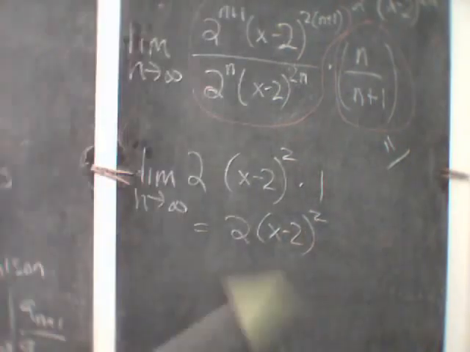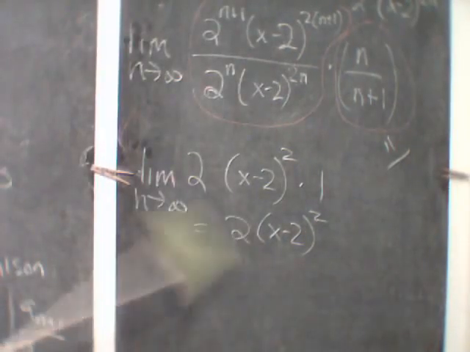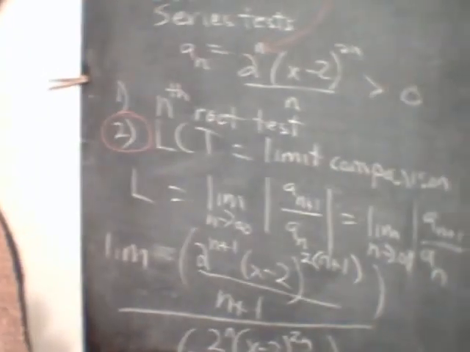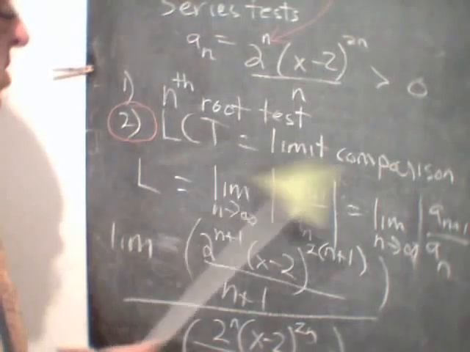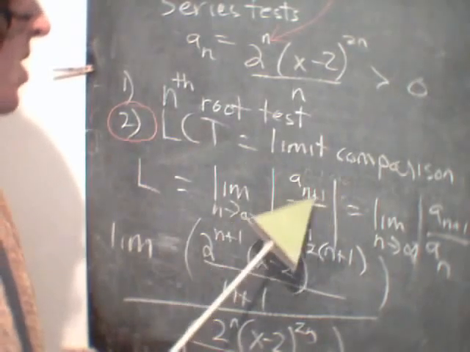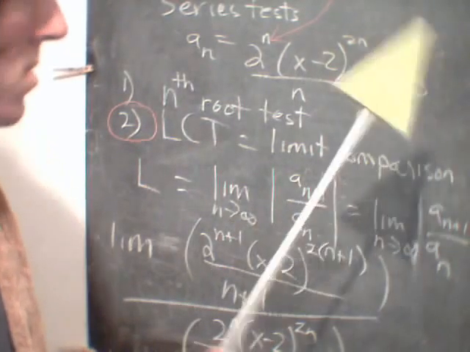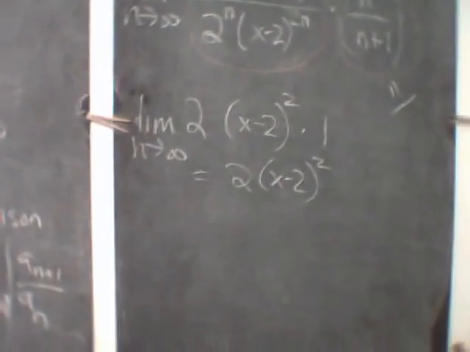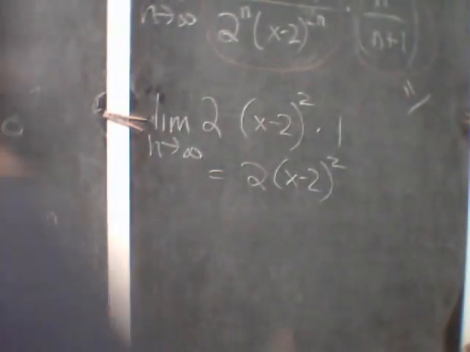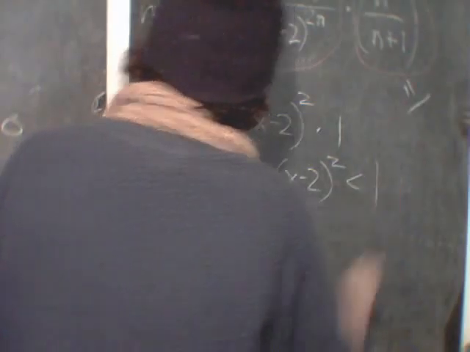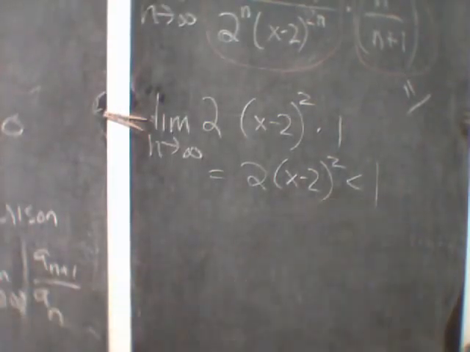So that's the answer. Now, what does that have to do with anything? Well, remember, the ratio test says that has to be less than 1 for us to have convergence. So say less than 1, and solve that equation.